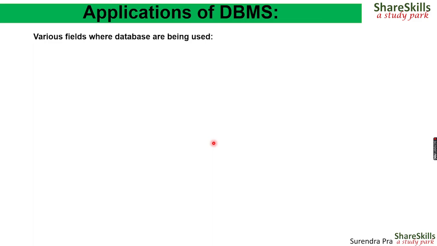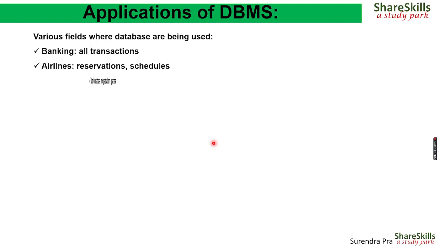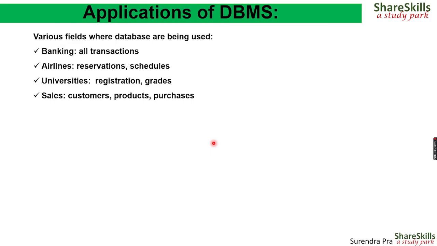Database is really important for any organizations or individuals or personal business purposes, for anything. Everywhere we use DBMS, database. So here also we can say banking for all transactions, airlines for reservations and schedulings, university for registration, grades, and other.